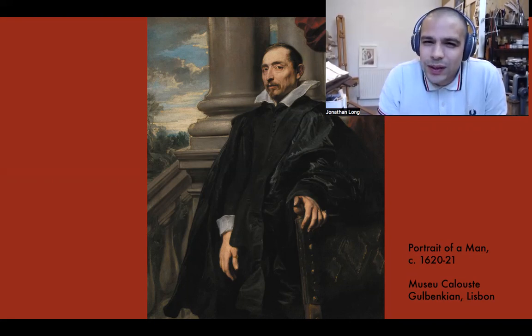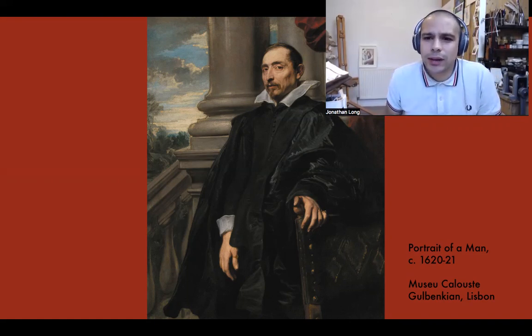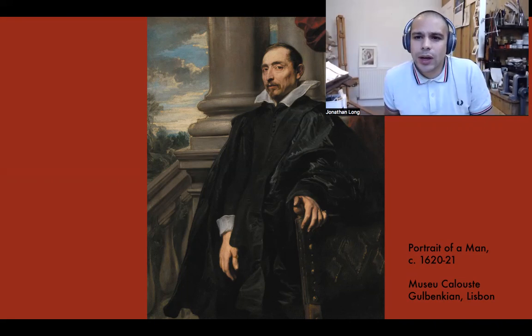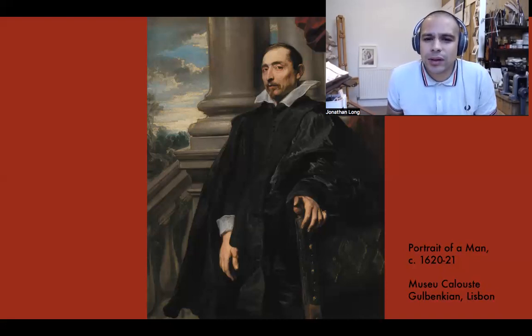This gentleman doesn't appear to be an aristocrat, and what this shows us, looking at this painting, is that not only aristocrats were painted. We often think of early modern painting and early modern portraiture as being really just about the kings and queens and the monarchs. And the true history is actually far more complex than that.